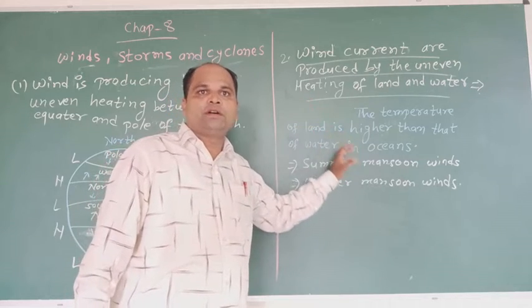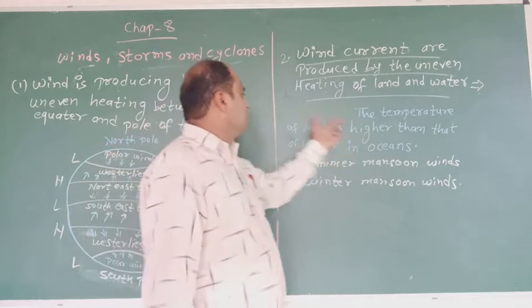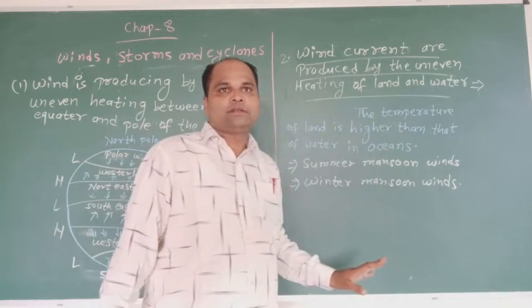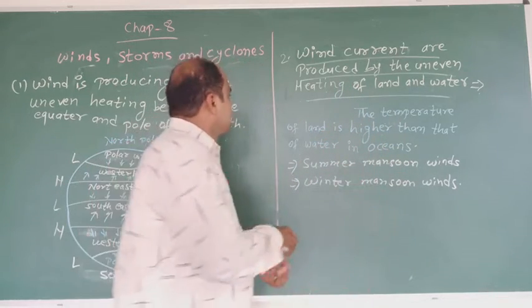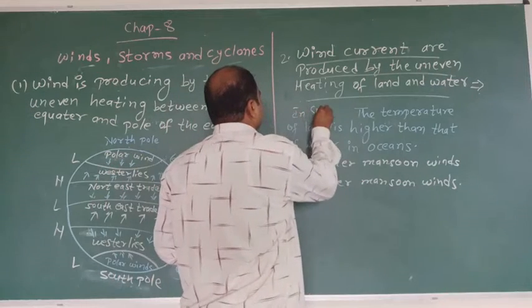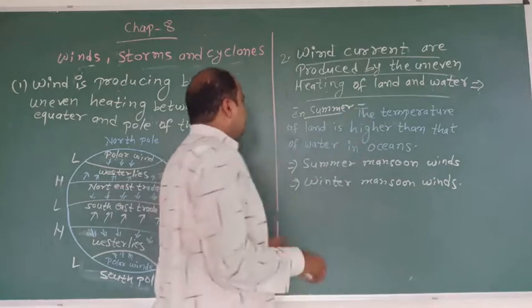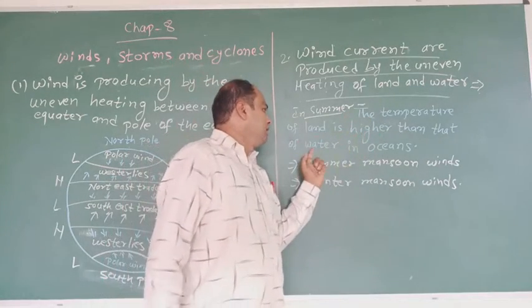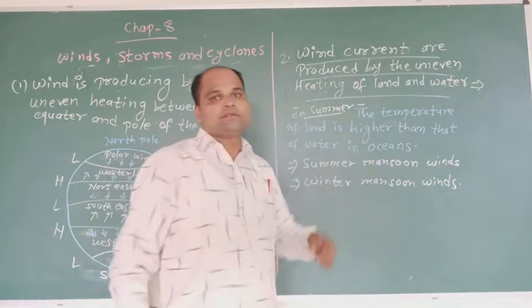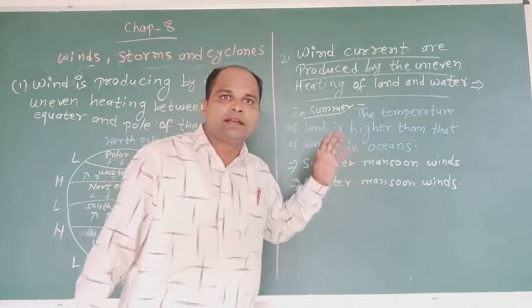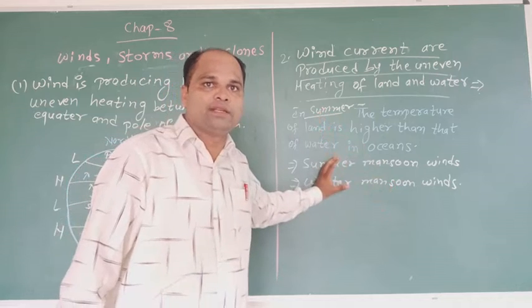So most of the time the temperature of land is higher than that of water in oceans. In summer season the temperature of land is higher than that of water in the oceans. So the air over the land gets heated and rises, creating a low pressure area.